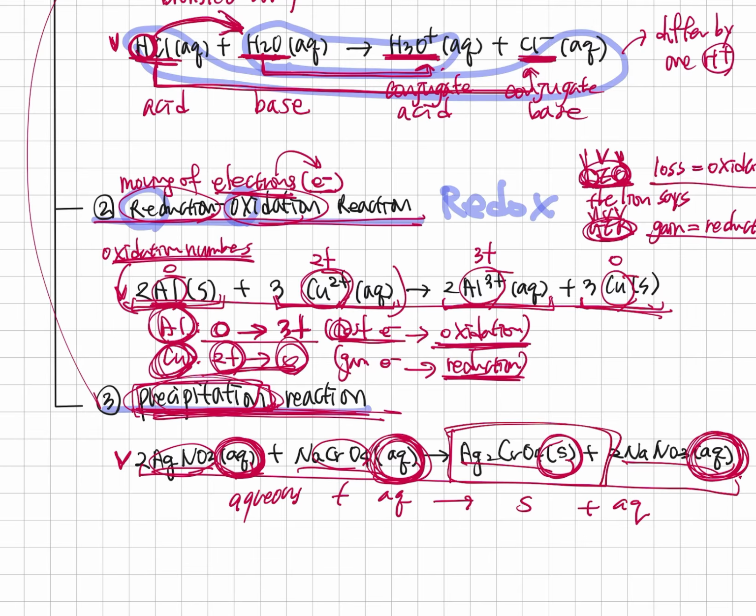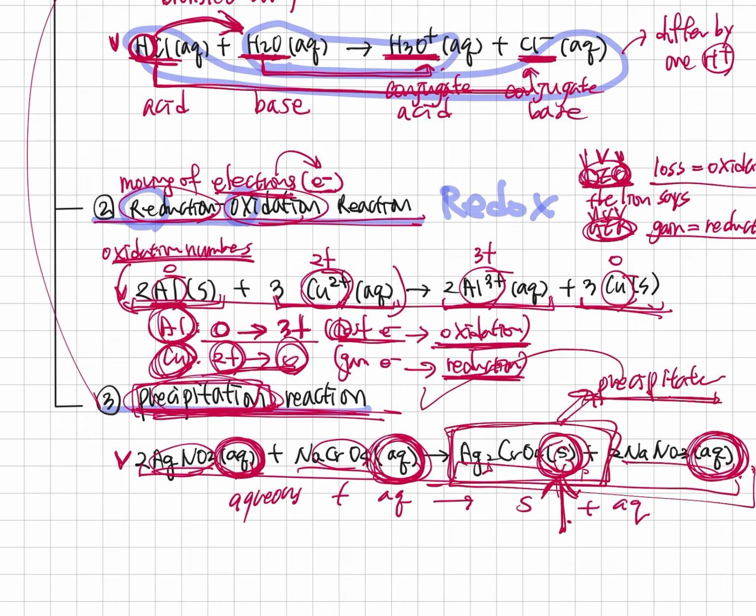Here in this case, the solid is the precipitate. And from this, by a solid popping out from the product side of the equation, we can say that a precipitate has formed, and therefore it is a precipitation reaction.